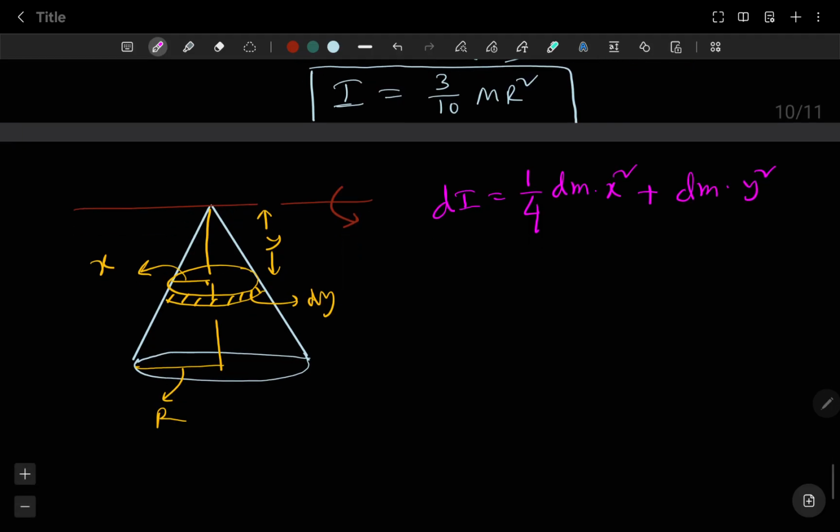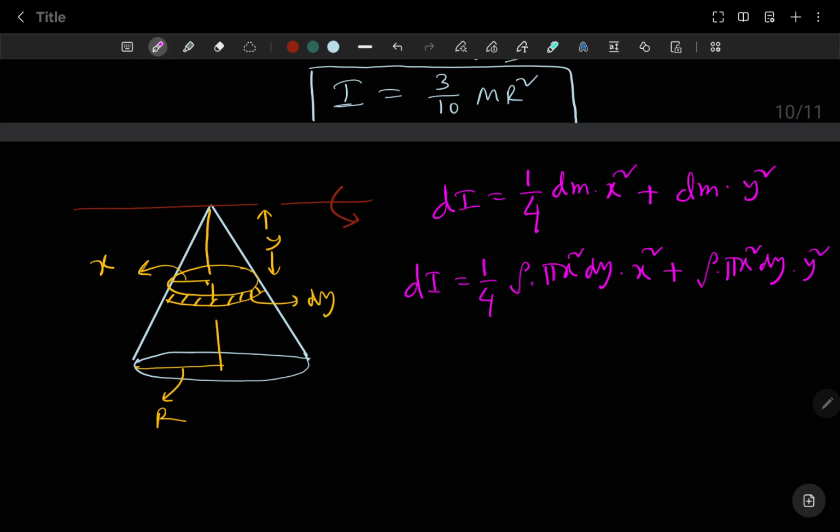Alright, y is the perpendicular distance between the parallel axes. So it will be 1 by 4 rho into pi x square dy into x square plus rho into pi x square dy into y square.